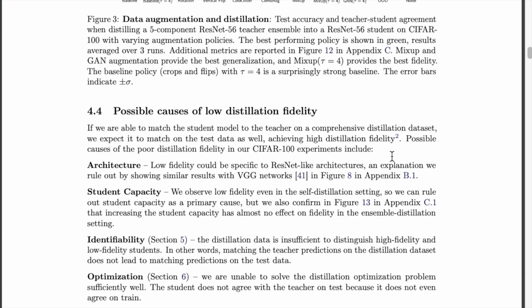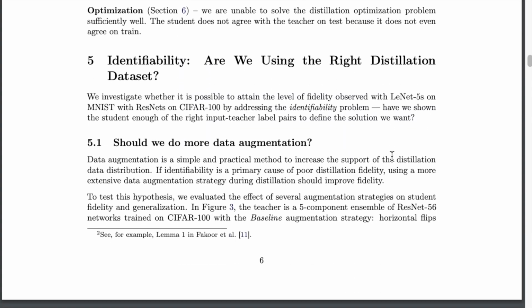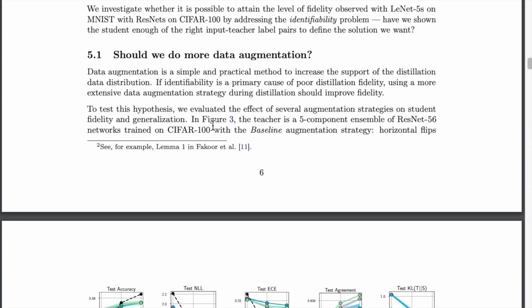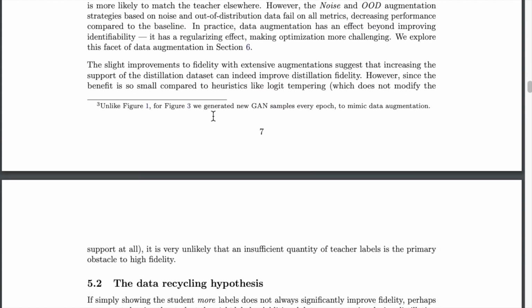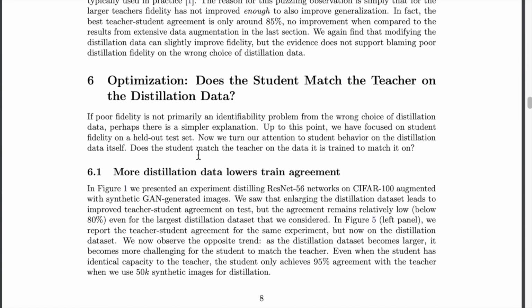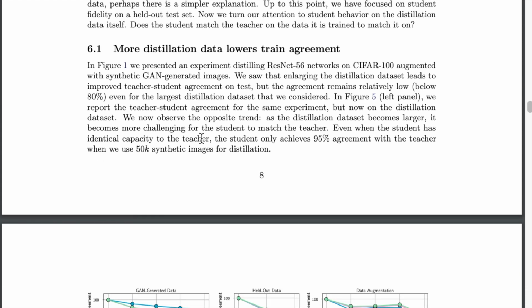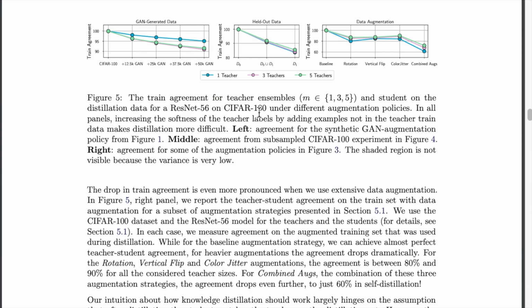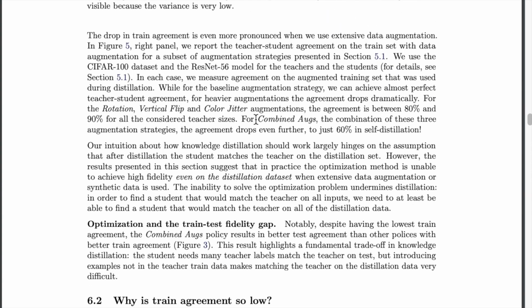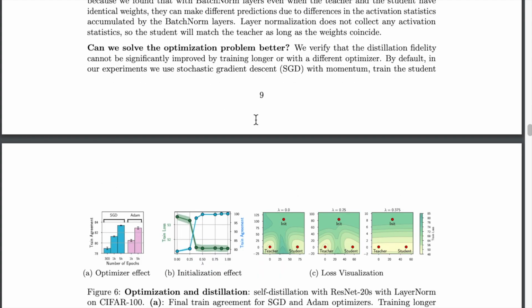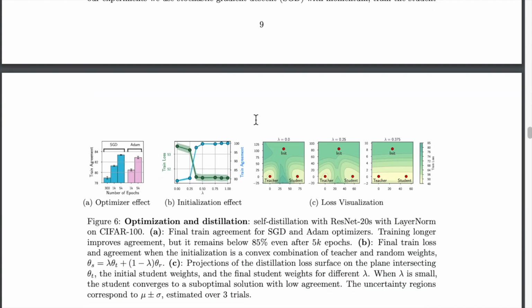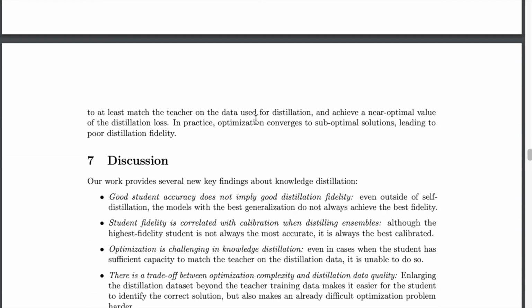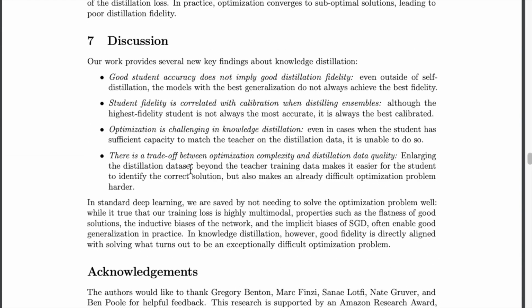More details of why we might be interested in this, and then different hypotheses about why it is hard to match the teacher labels: data augmentation, data recycling, and optimization challenges, increasing the amount of data by the use of GAN, similar to, say, the deep bootstrap framework where they generate data from a generative model to have more data to study these kinds of ideas, and so on. So overall, an interesting study, an interesting problem with respect to knowledge distillation, and an interesting characteristic to study further.